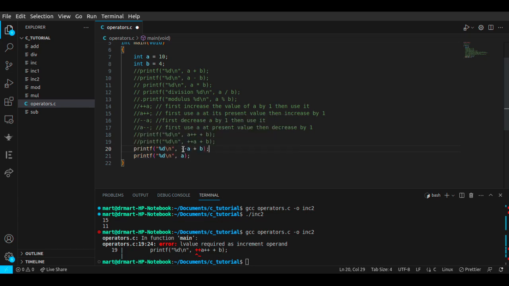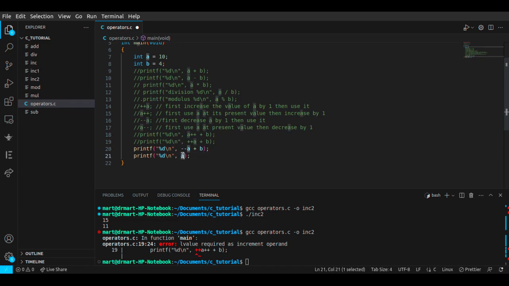So printf minus minus a. So we are saying, first of all, decrement a by 1 before you use it, right? So first decrement it, then you use it. So we decrement by 1, a is 10. So by the time we decrement by 1, a becomes 9. So 9 plus b, which is 4, that's 13.